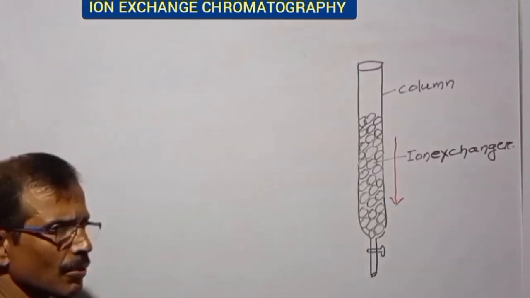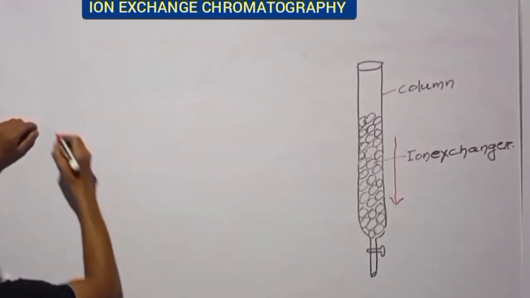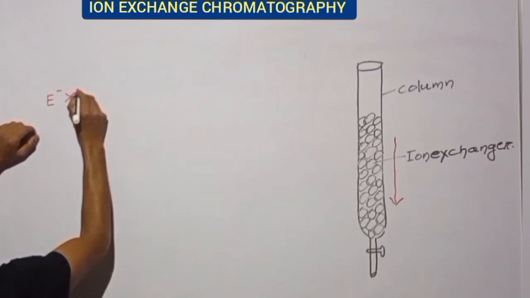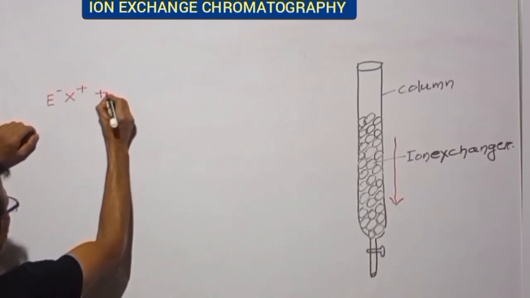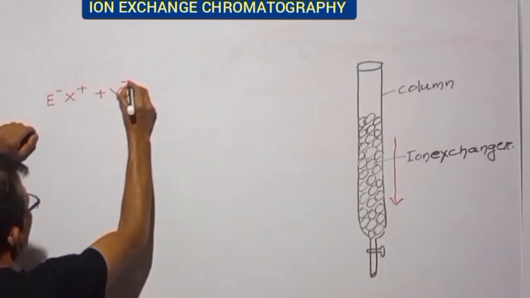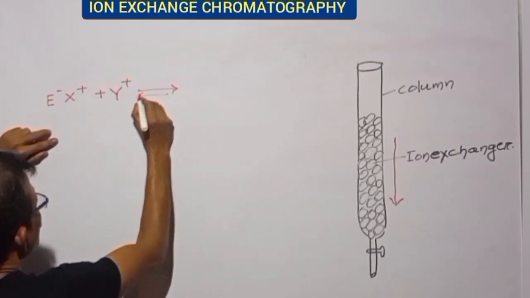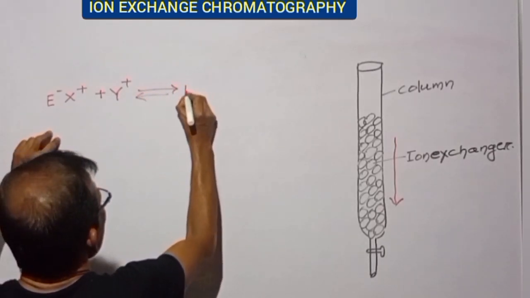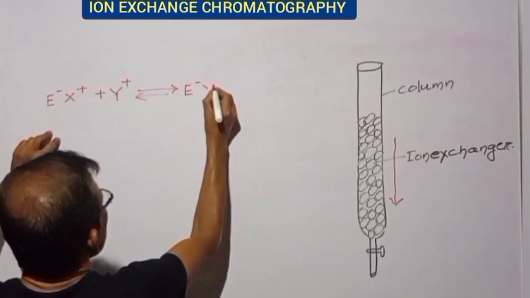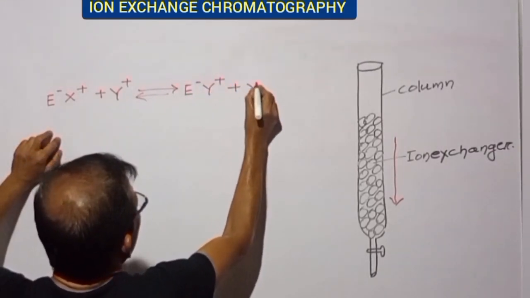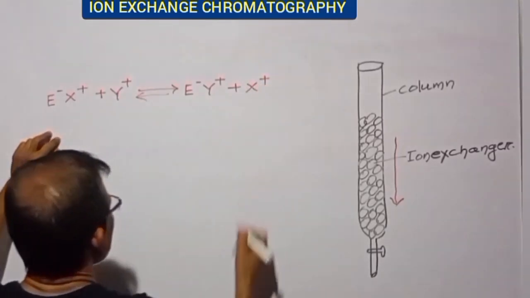The overall equation for the ion exchange is E minus X plus, plus Y plus, gives rise to E minus Y plus, plus X plus.